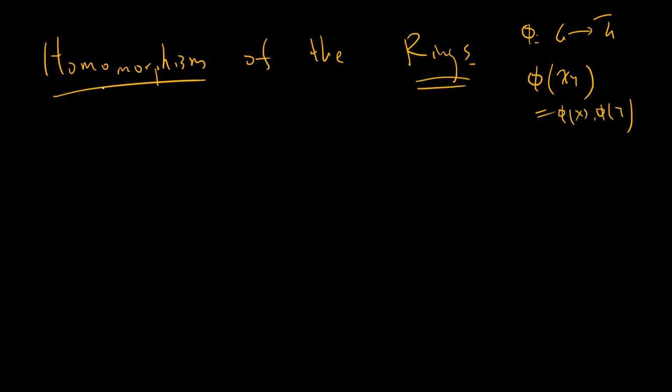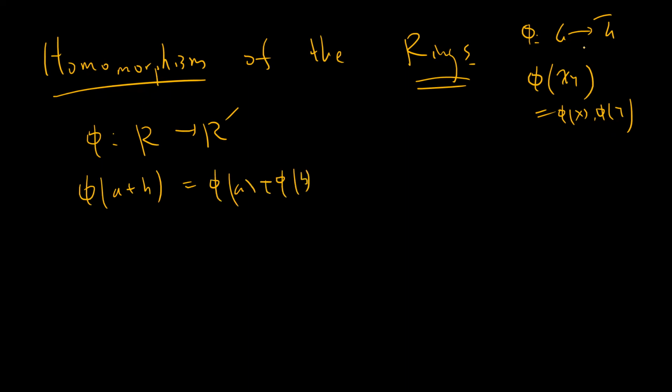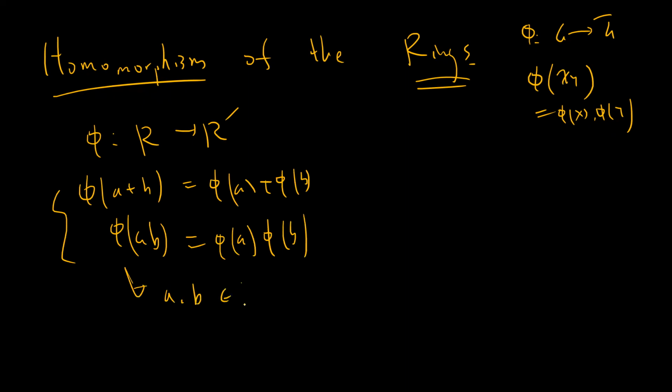What about ring homomorphism? A ring homomorphism, if you have a ring R prime, should satisfy phi(a plus b) equals phi(a) plus phi(b), and following this definition, if it satisfies both properties, it's called a ring homomorphism.